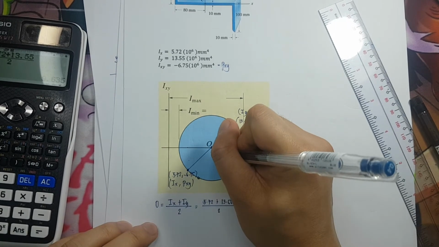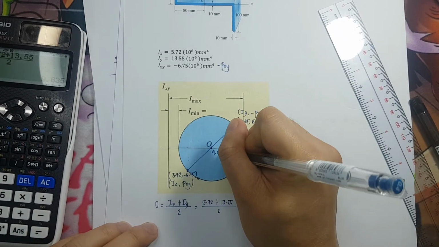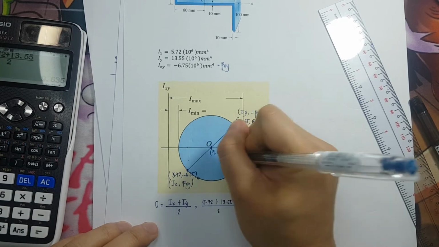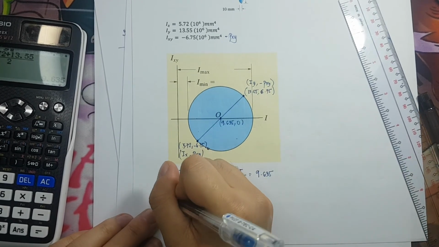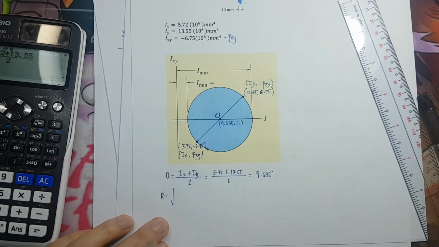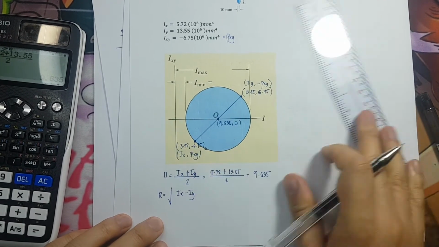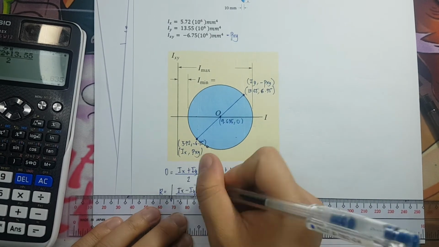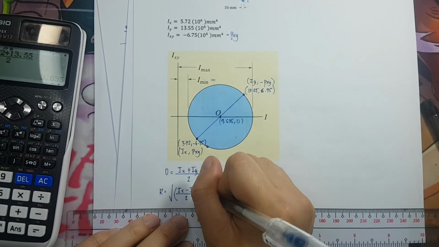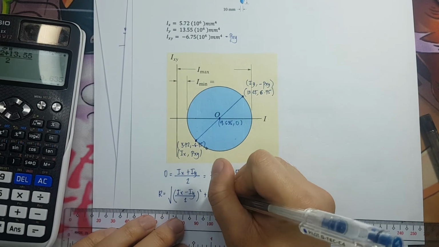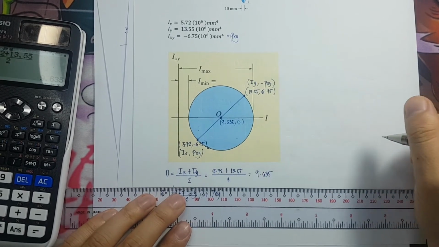Next, we need to determine our radius. So this is 9.635. So radius is equivalent to the square root from our derived equation. A while ago, we have Ix minus Iy divided by 2 quantity squared plus Pxy squared.